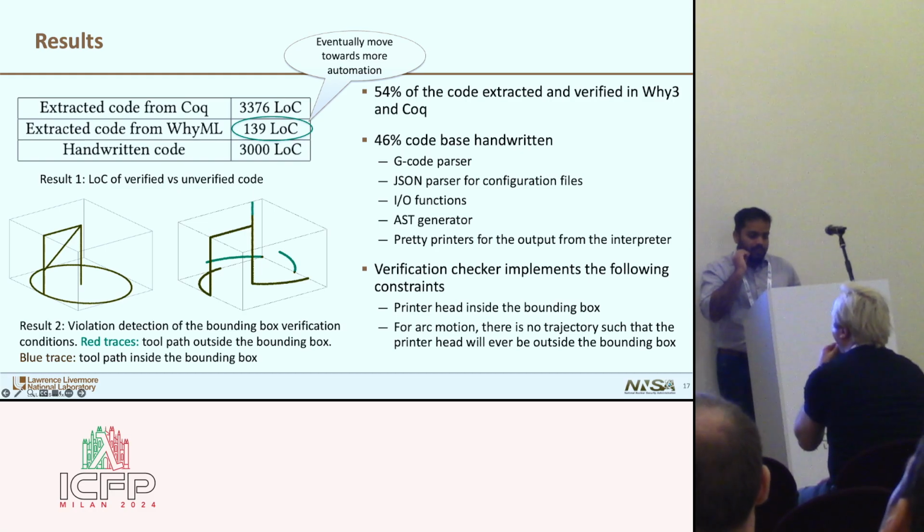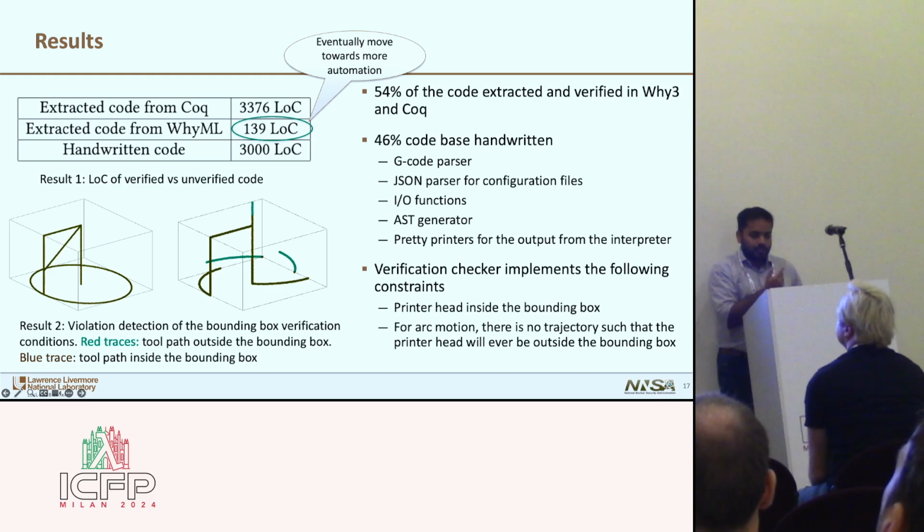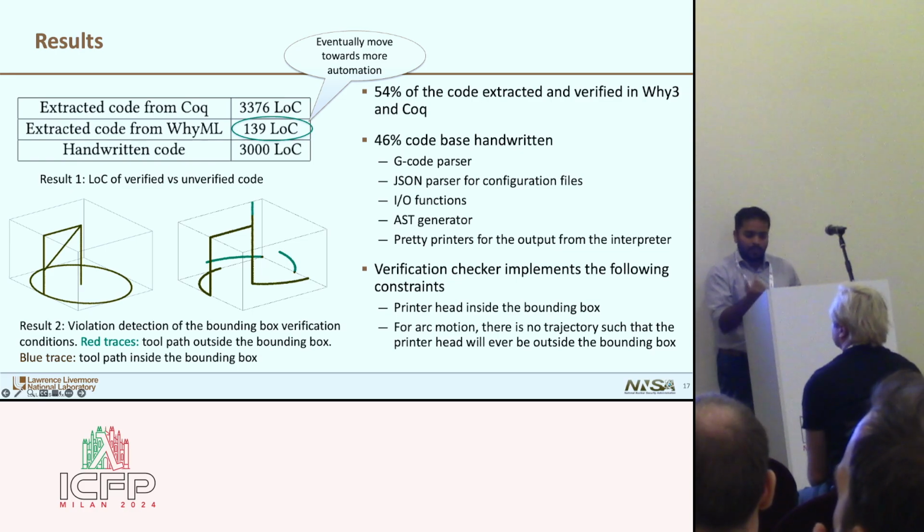What we did here was that we took a G-code command which prints a circular motion. In the first figure, you have the whole arc inside the bounding box, which is represented using this blue trace.